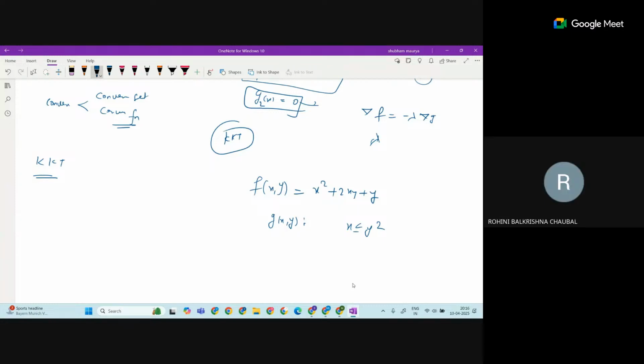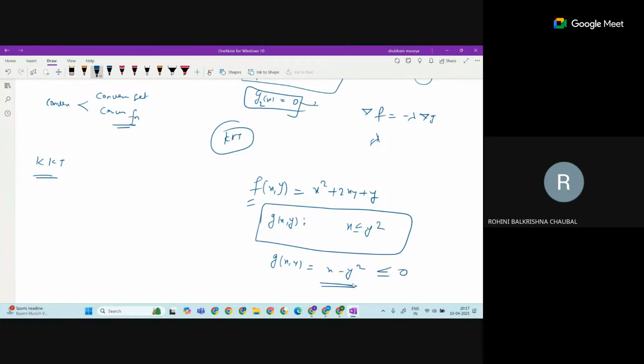So what are the constraints on x and y and lambda? This is the constraint. g of x, y is going to be x minus y square, less than or equal to 0.